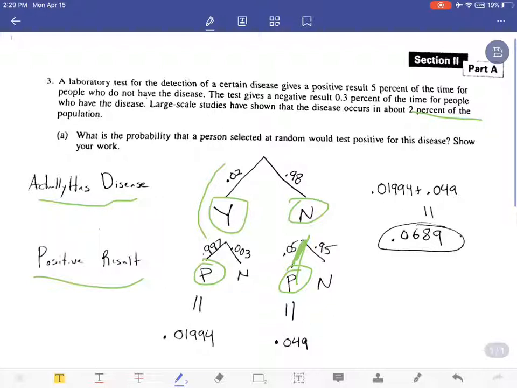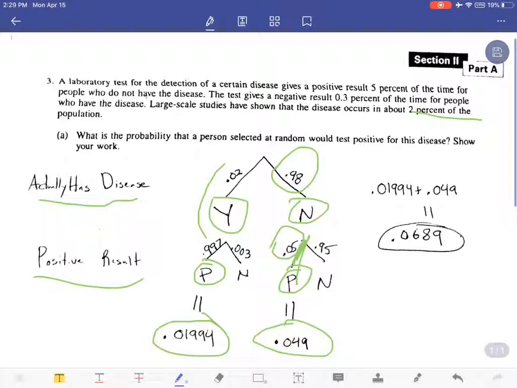So we do 0.02 times 0.997, which gives us this probability right here. And then for the other side, we do 0.98 times 0.05, and that gives us 0.049. So those are the two different scenarios where we could get a positive result, where we actually have the disease and test positive, or you don't have the disease and still test positive due to an error.